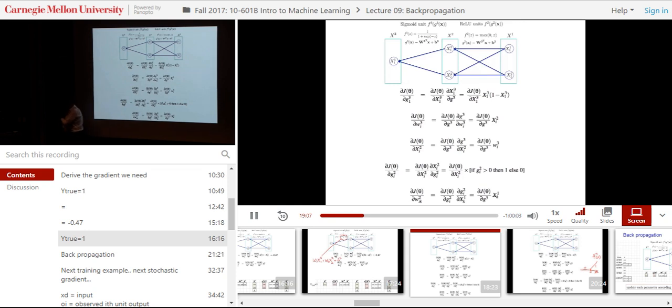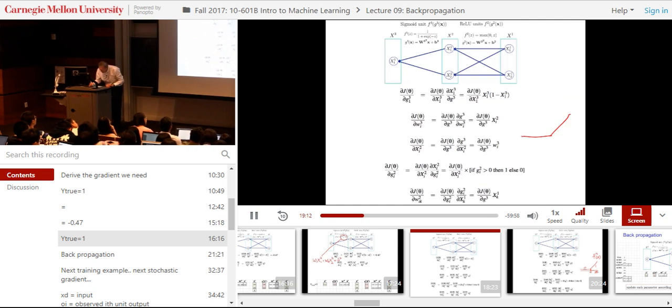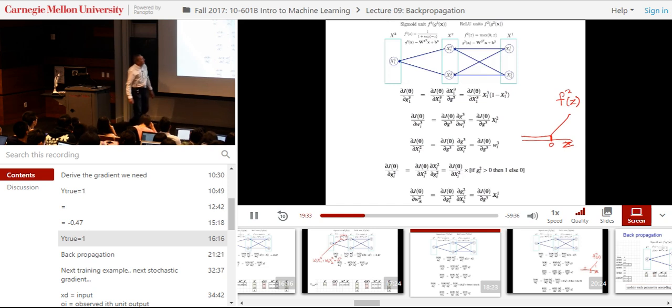And so if you think about what's the derivative of the output of a rectilinear unit with respect to its input, so if this is X and this is Z, and this is F2 of Z, and this hinge here is at Z equals 0, then the derivative is 0 over here, right? The slope is 0 here, and here the derivative is 1.